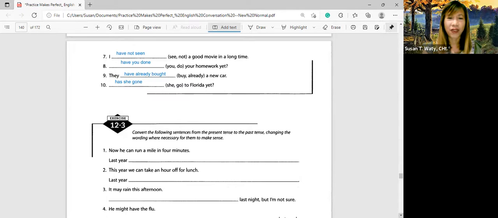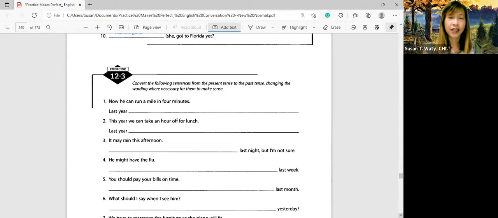Okay, perfect. Now let's continue with exercise 12.3. Convert the following sentences from the present tense to the past tense, changing the wording where necessary for them to make sense. So we're changing from present tense to past tense.